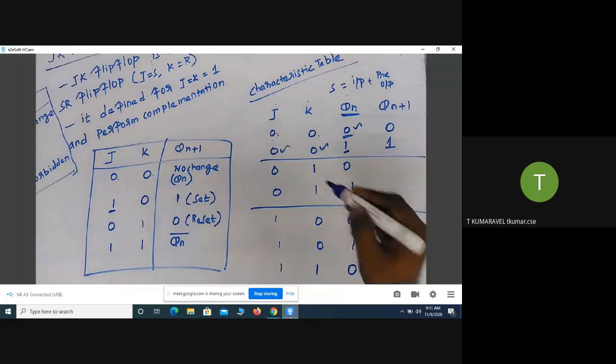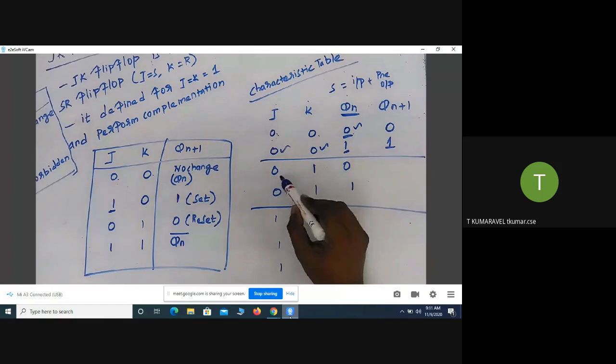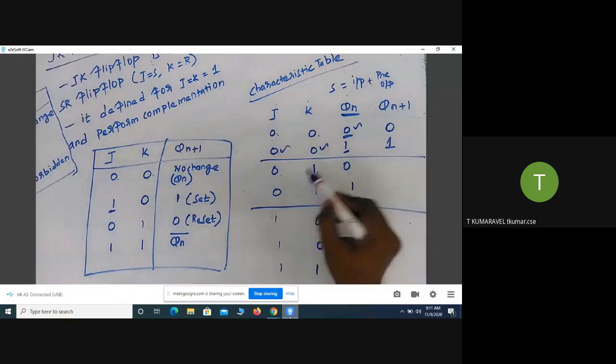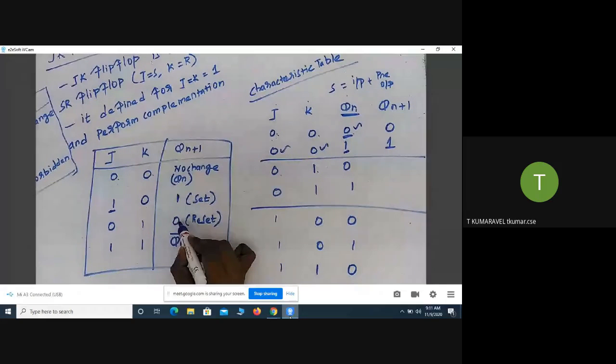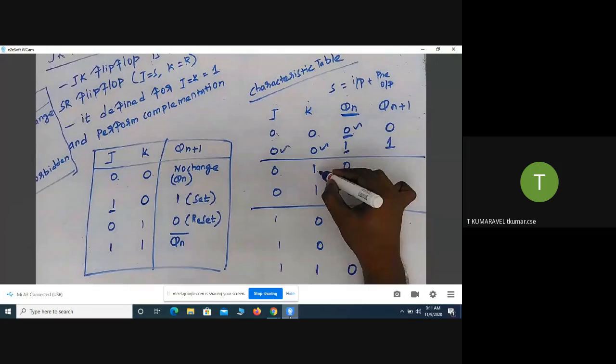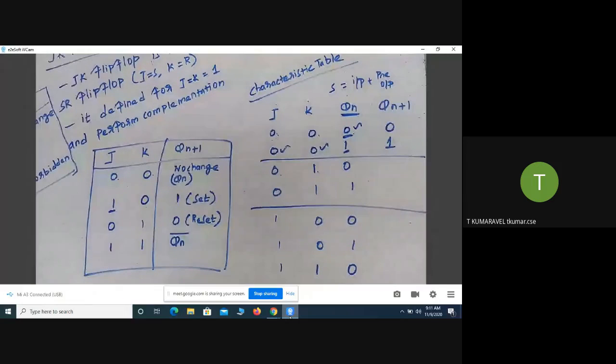Next. What is the next input combination? 0 1. Look at the table. 0 1 means definitely the current state output is 0. If K value equals 1, whatever the previous output was, it does not consider it. It generates output value equal to 0.